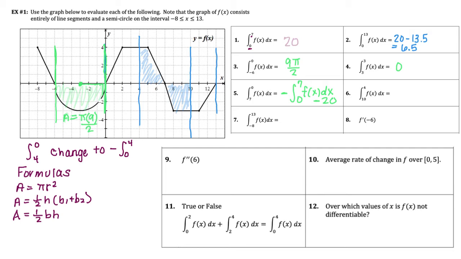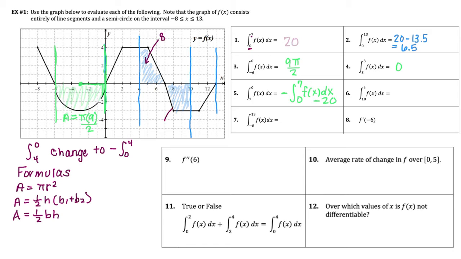Okay, so that top area, you're going to have 1/2 base times height again, and if you work out this area inside here, from 4 there, you should end up with 8 for that area.